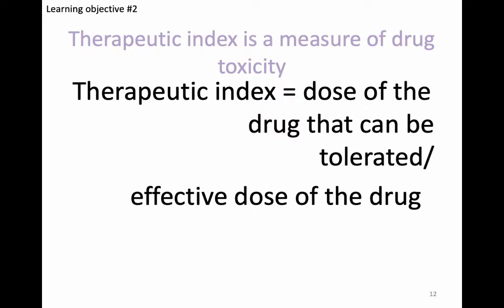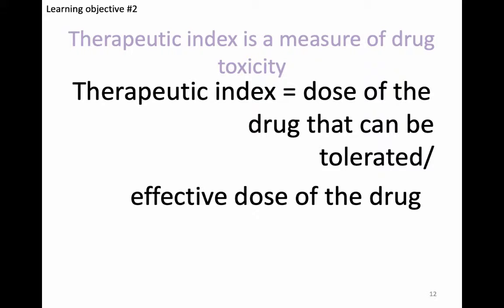The therapeutic index is a ratio. So it is a ratio of the dose of the drug that can be tolerated divided by the effective dose of the drug. So ideally, the dose of the drug that can be tolerated would be very high, in that a person could take a lot of this drug without experiencing any negative side effects.